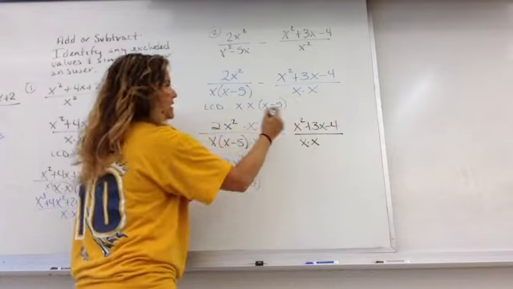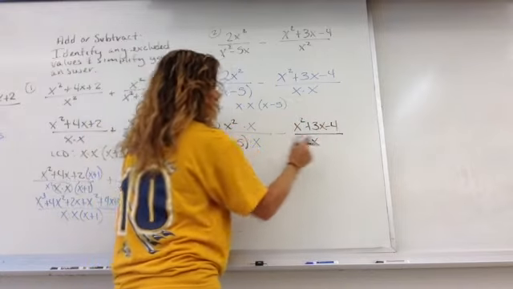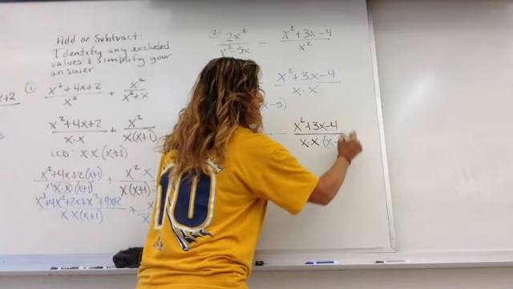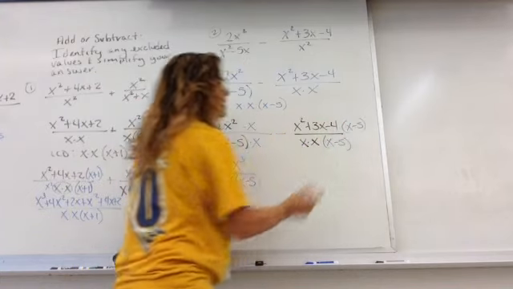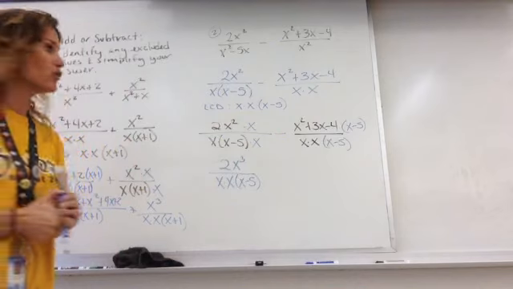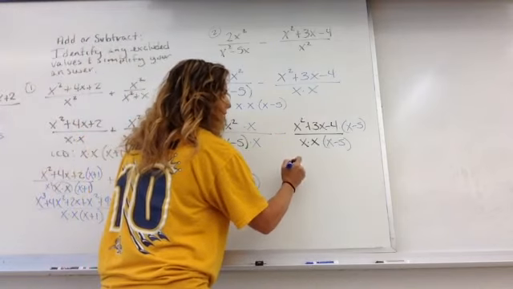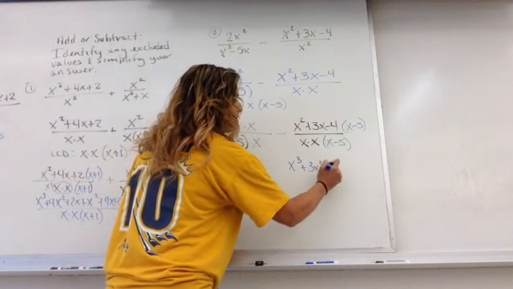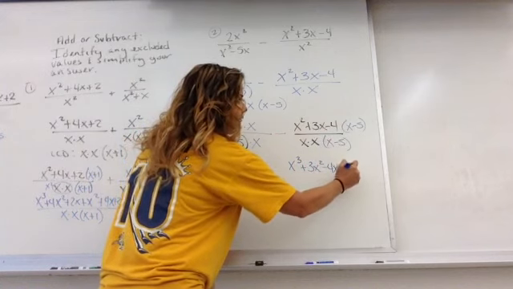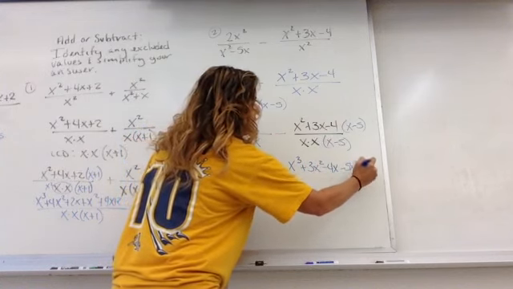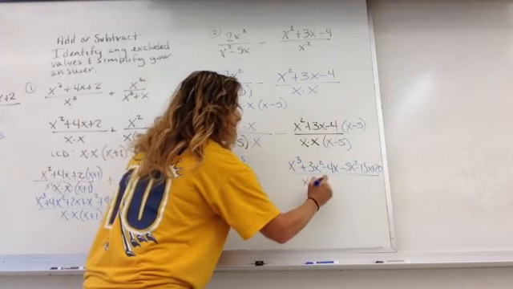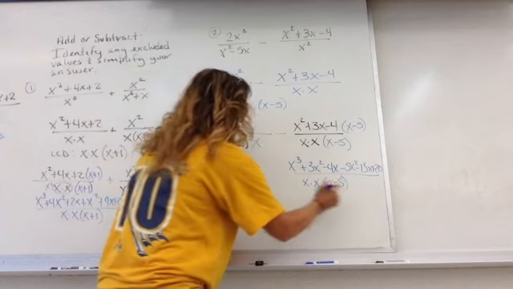So it's missing the x minus 5. So I multiply that to the numerator and the denominator. And yeah, I have to distribute that through. When I do that, I get x cubed plus 3x squared minus 4x, negative 5x squared minus 15x, and a plus 20. Denominator x times x minus 5.